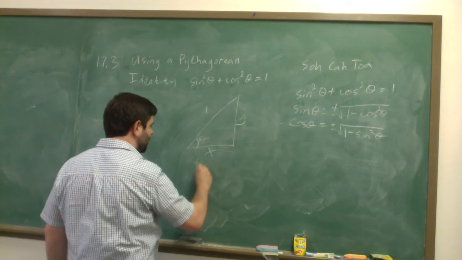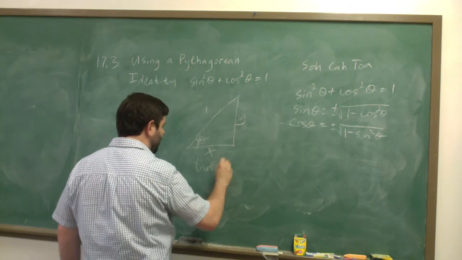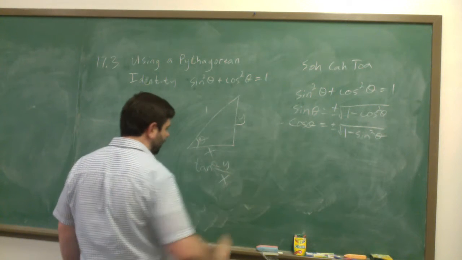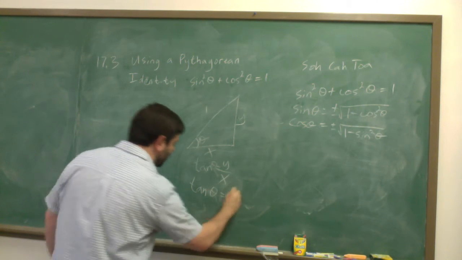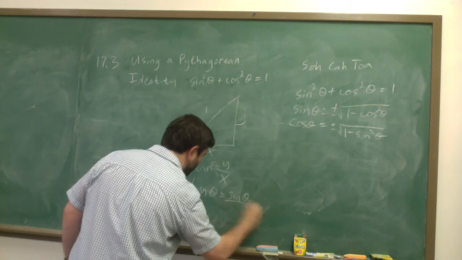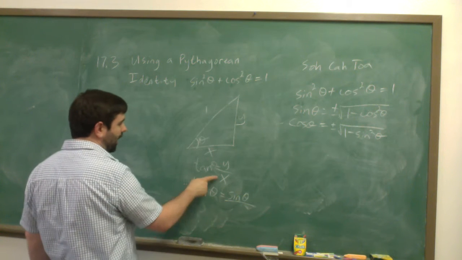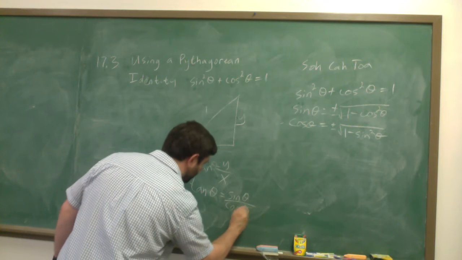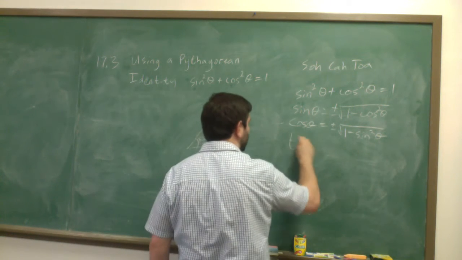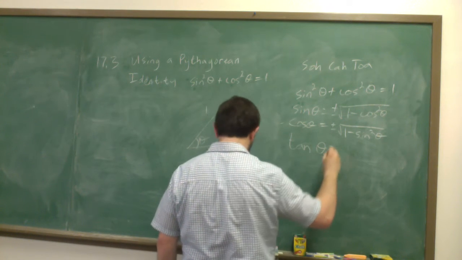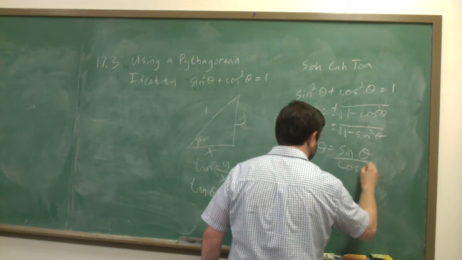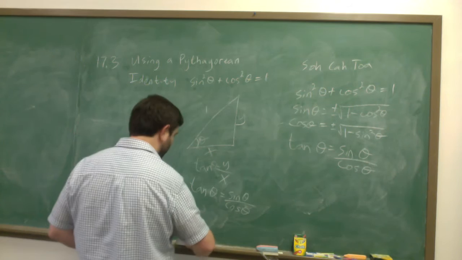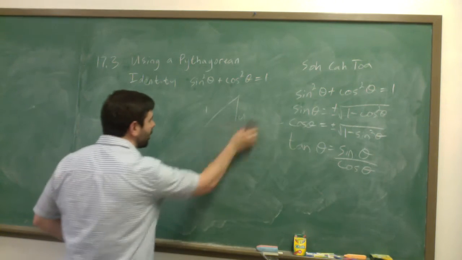So tangent of theta equals y over x. Y is the same as sine theta, over x, which is the same as cosine theta. We'll be using that one a little bit later, playing around with that a little bit.